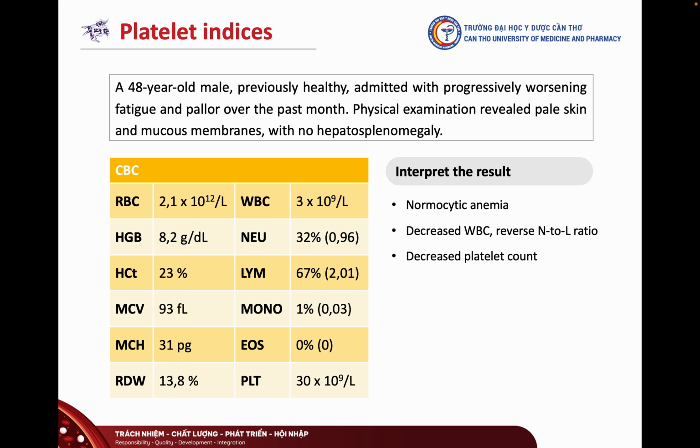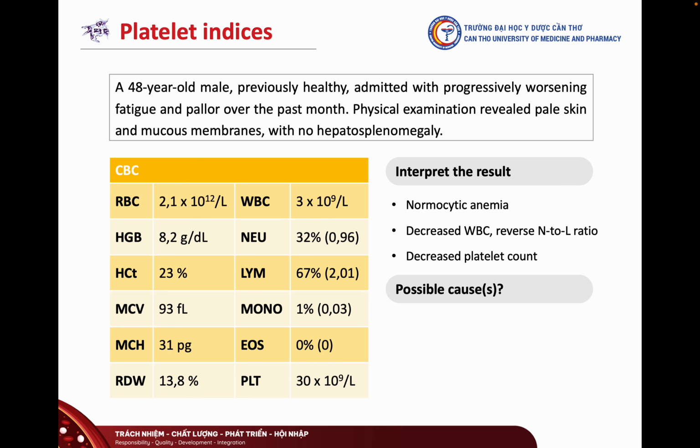And there is also a reversal of the neutrophil to lymphocyte ratio. The neutrophils are only 32%, while the lymphocytes are 67%. This isn't due to an increase in lymphocytes, but it's more about the low neutrophils. What does this pattern suggest?